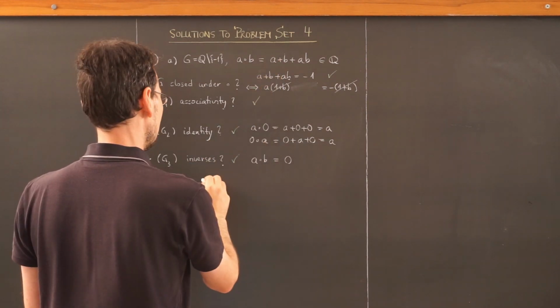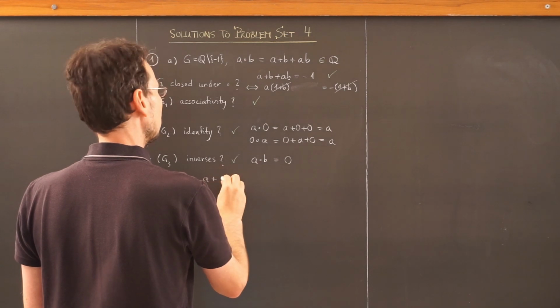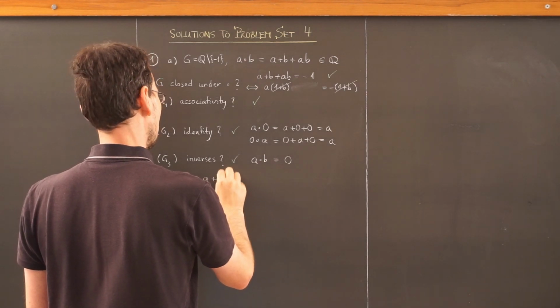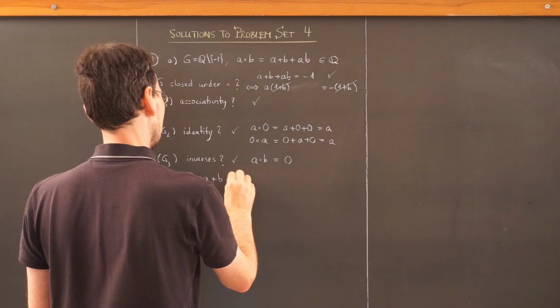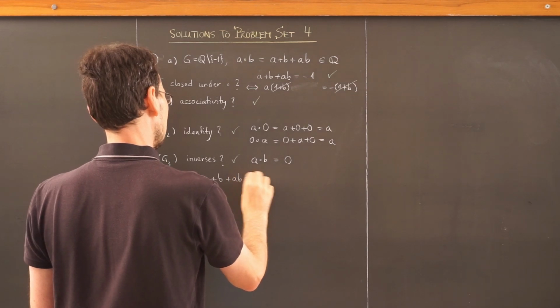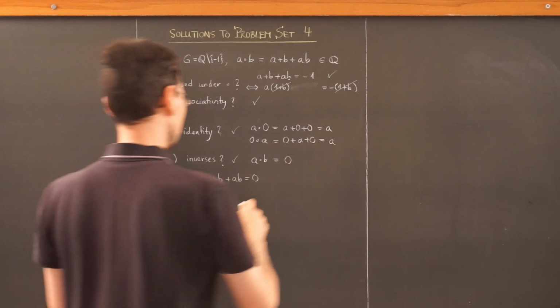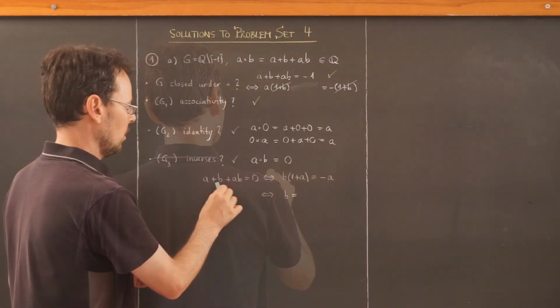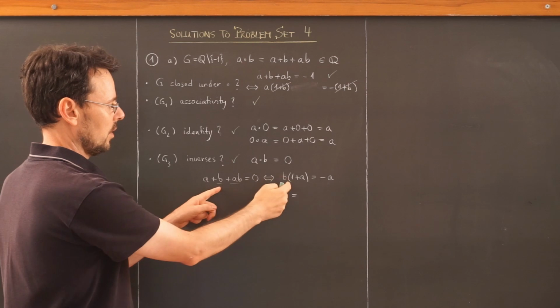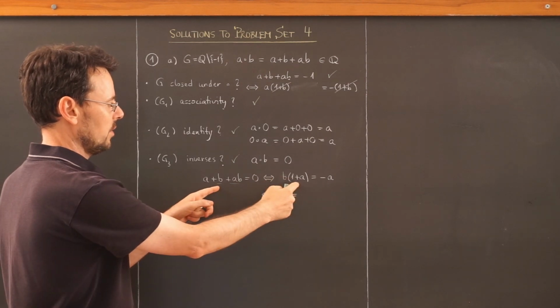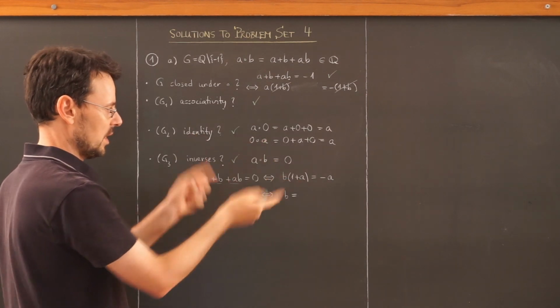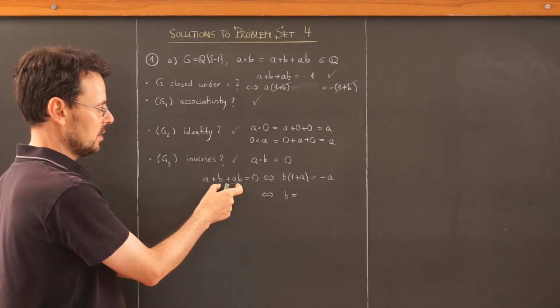So let's try that. We have a plus b plus ab is equal to 0, and we try to solve for b. So I take these here, and they are equivalent to b times 1 plus a in parentheses.